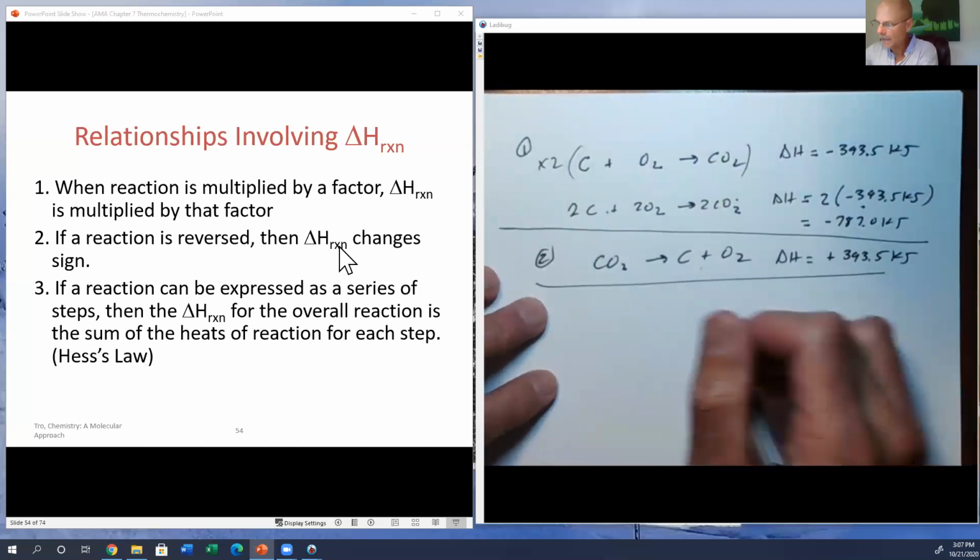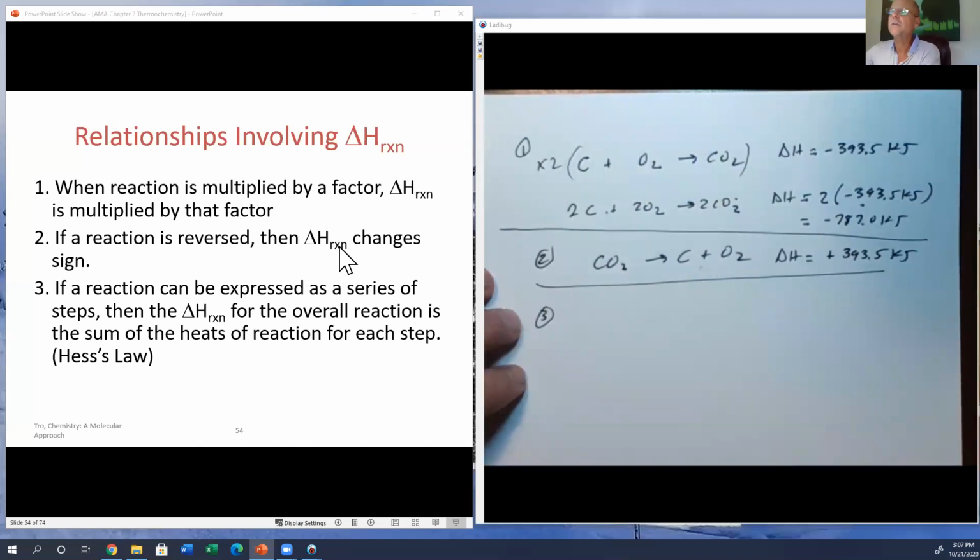All right? And then lastly, if you can express a reaction as a series of steps, then delta H for the overall reaction is the sum of the delta H's for each step.